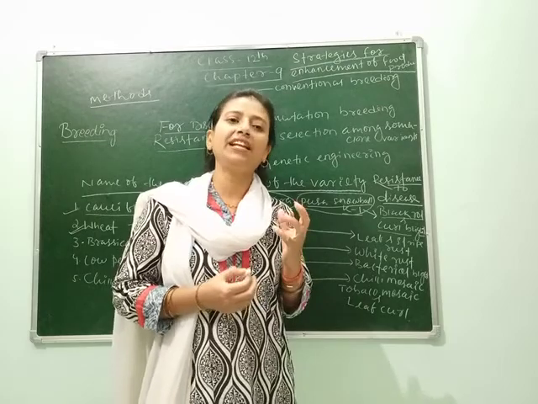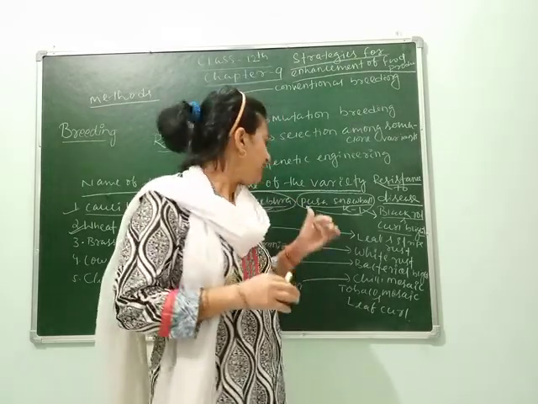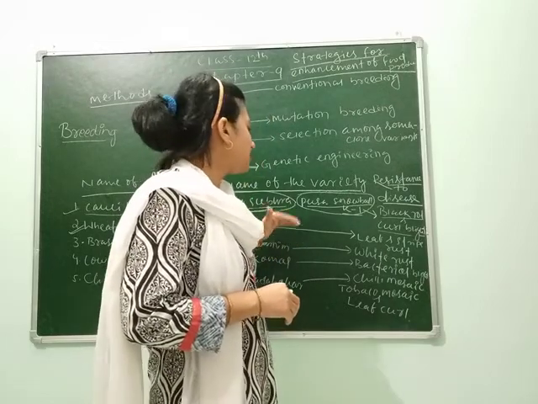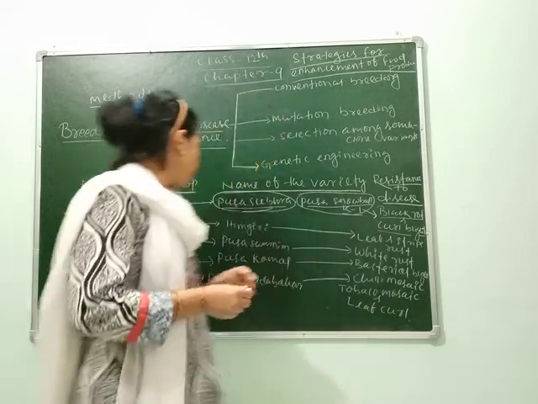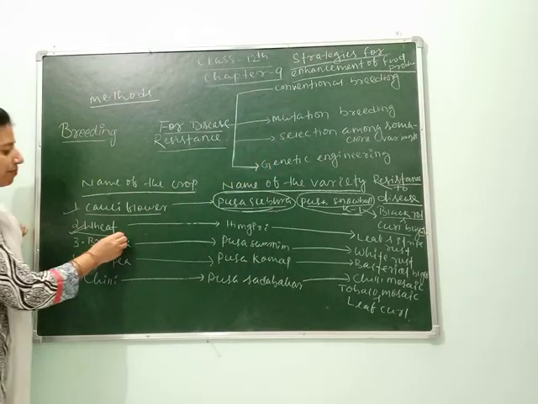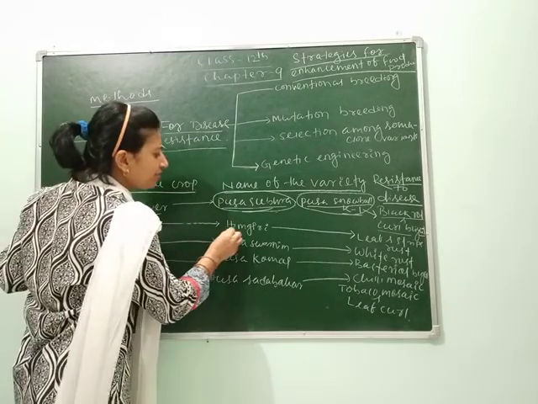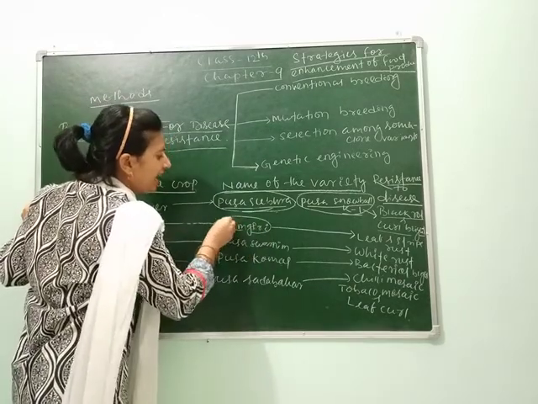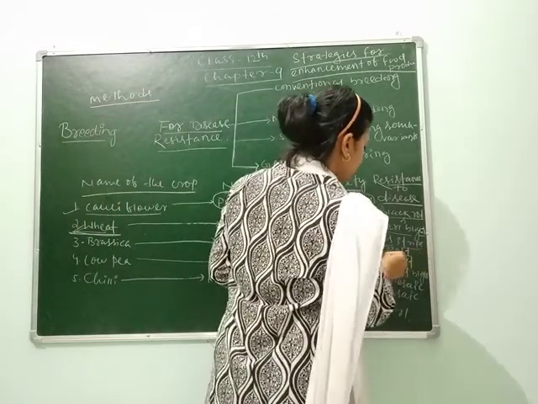If we ask for the Himgiri variety, then what is its benefit? Its benefit is that it has resistance to leaf and stripe rust disease. Clear? So here we can see the crop is wheat, which is a cereal crop, the name of the variety is Himgiri, and the resistance to disease is leaf and stripe rust disease.